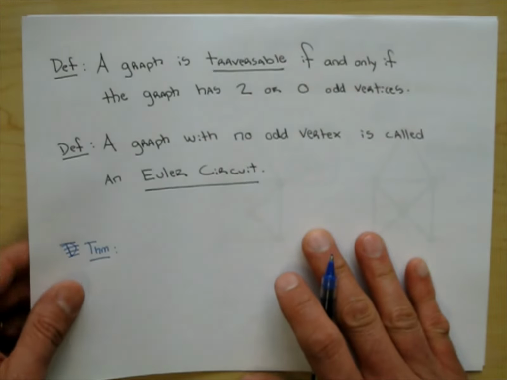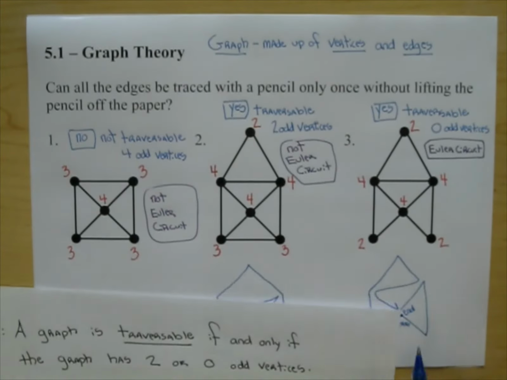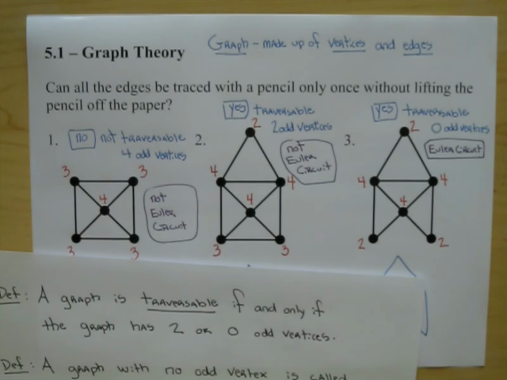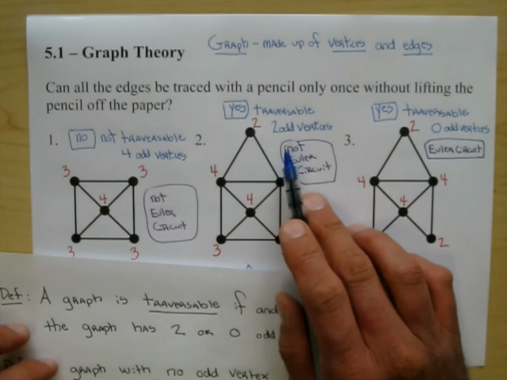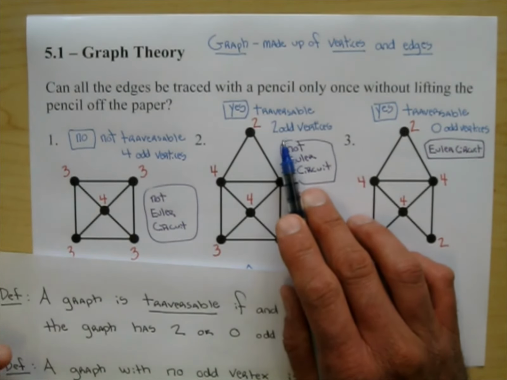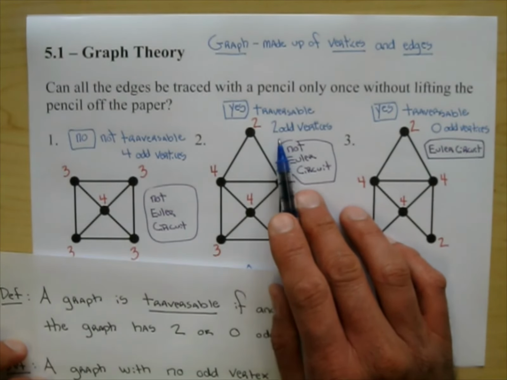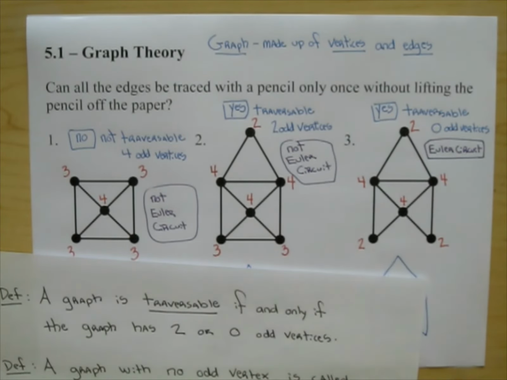Notice, before I write this theorem down, our graphs, we had 0 odd vertices, 2 odd vertices, 4 odd vertices. Can we ever have a graph that has an odd number of odd vertices? So could we ever have a graph that has like 5 odd vertices? And the answer is no.